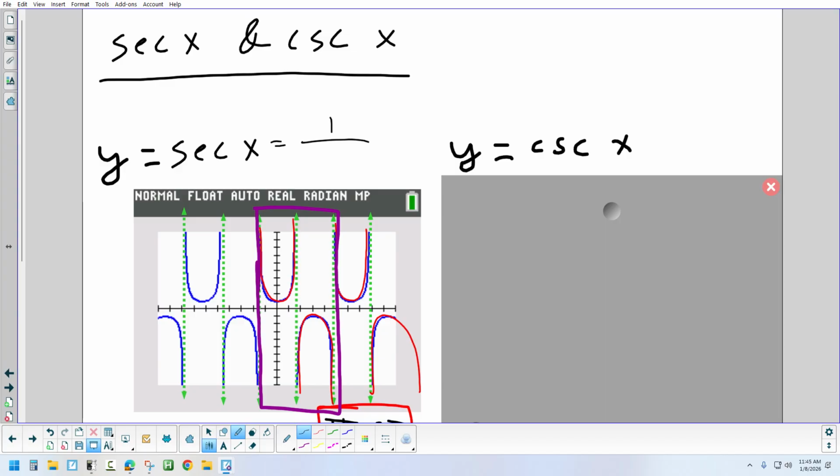Is it 1 over sine? No, not 1 over sine. I'm just asking what secant is first. If I said to you, what's the secant of 13? How are you going to put that in on the calculator? Because there's no button for secant on there.